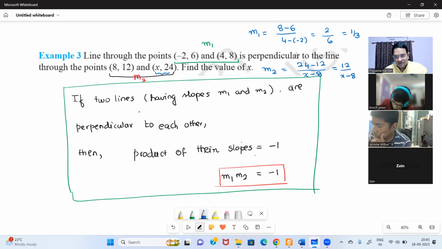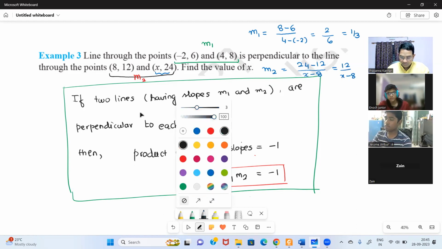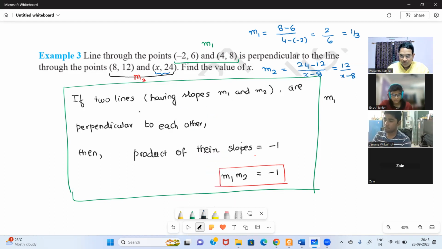And what do you know about the two? Because they are perpendicular, their product will equal -1. So m1 multiplied by m2 will equal -1. m1 is 1 by 3, and m2 is 12 divided by x minus 8, and that's going to equal -1. What gets cancelled? 12 and 3.